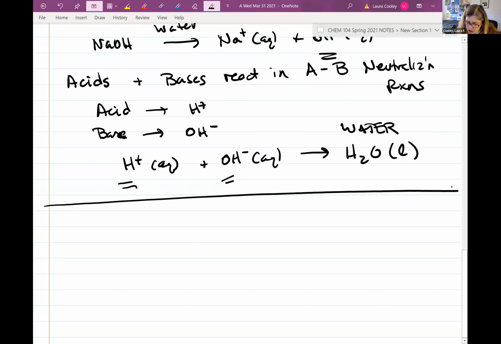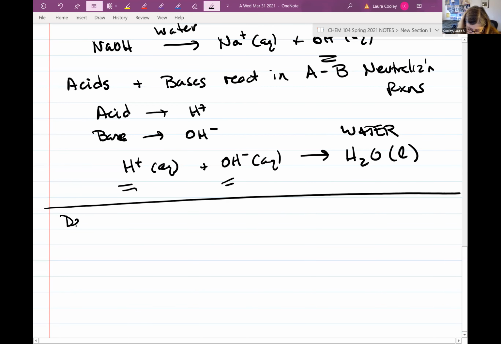All right, so now we need to go a little bit of a level up. We need to go a level up in sophistication. So I said that acids are producers of H+. They generate H+ in solution, and bases generate hydroxide.